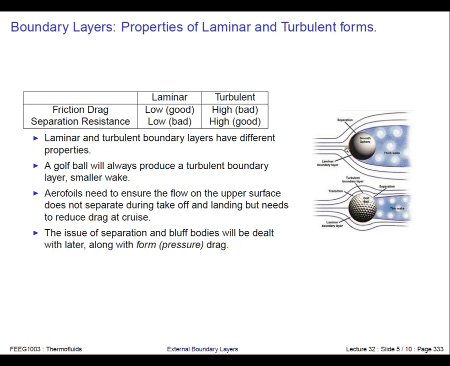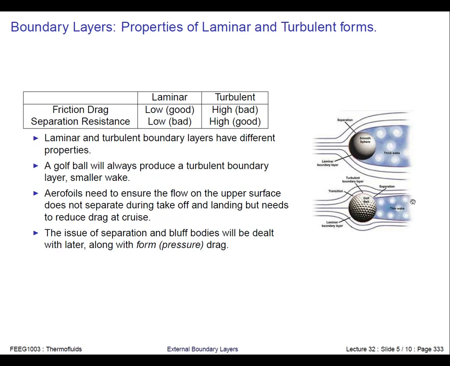The smooth surface has a laminar boundary layer, and it will separate at this point here, and then it generates quite a wide wake, whereas the roughness promotes a turbulent boundary layer, and this turbulent boundary layer has more energy, and it stays stuck on the surface for longer, and it doesn't separate until further around, and this generates a thinner wake.